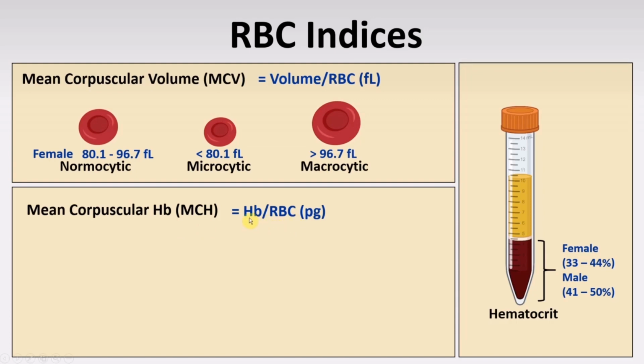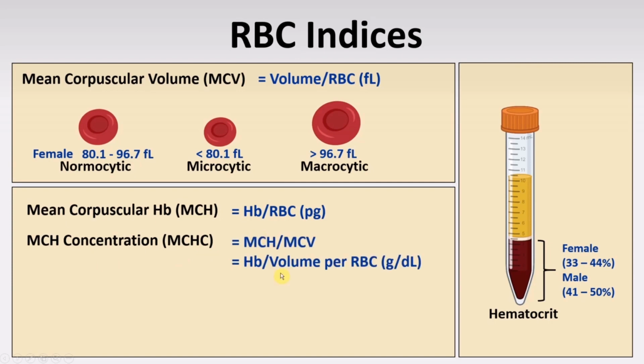So instead of the absolute weight, what we can do is to also look at the concentration of hemoglobin, mean corpuscular hemoglobin concentration, MCHC, right? And this can be calculated by dividing MCH by your MCV, right? Your weight divided by your volume will give you the concentration of hemoglobin inside each red blood cell.